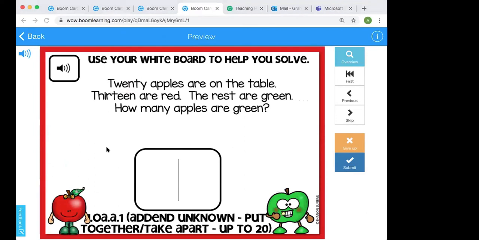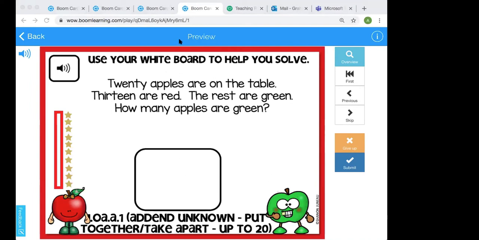The next problem reads, 20 apples are on the table. 13 are red and the rest are green. How many apples are green? So we're going to use our drawing to write 20 apples. Now, we know we're working with the numbers 20 and 13.